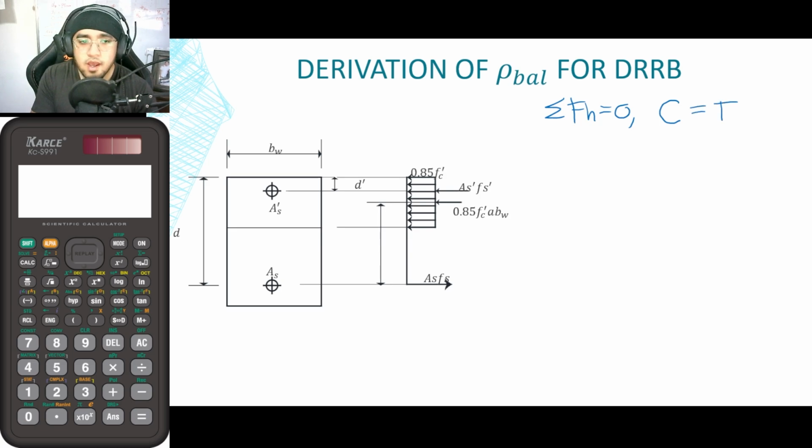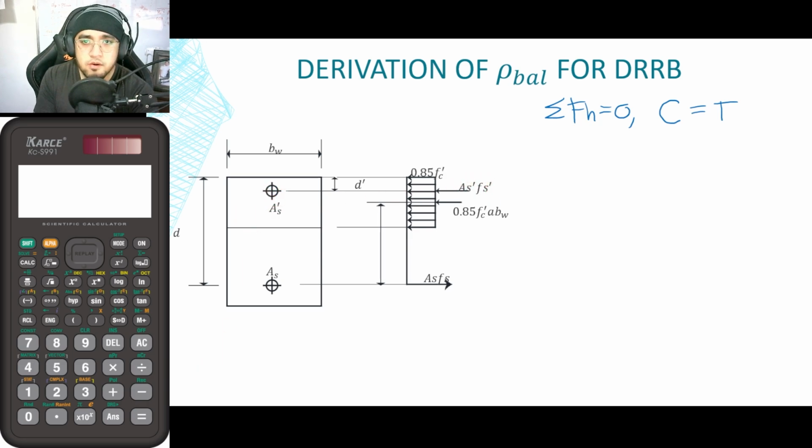Looking at the figure here on the left, we now have a new entity called As', the area of the compression bar. And from that came a new force called As' fs', the effective force of our compression bar.